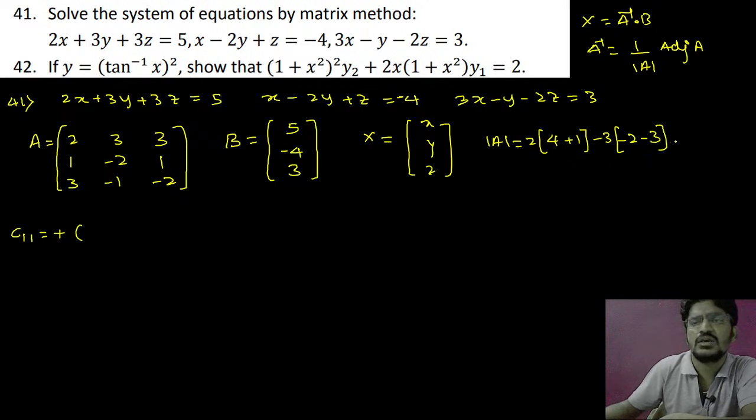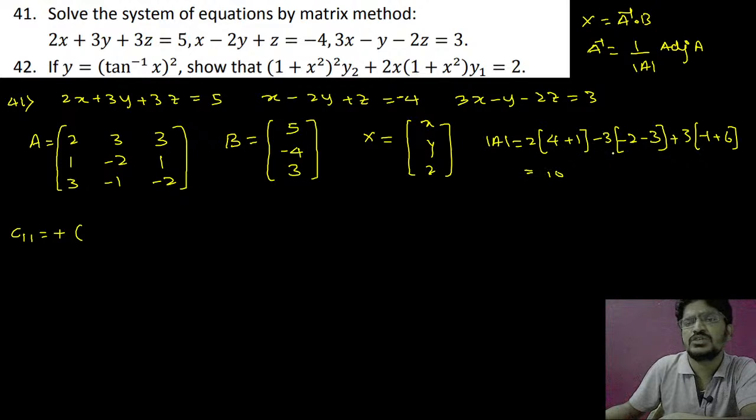Next write plus 3 times of 1 into minus 1 is minus 1, 3 into minus 2 is minus 6, minus into minus is plus 6. So this will be 2 into 5 is 10, minus into minus plus, 3 into 5 is 15, 6 minus 1 is 5, 5 into 3 is 15. So the answer is going to be 15 plus 15 is 30, 30 plus 10 is 40.